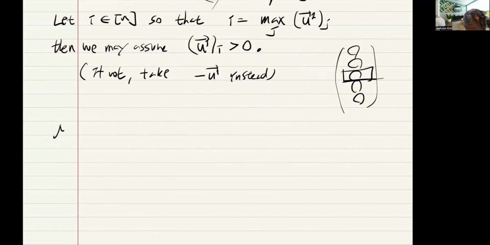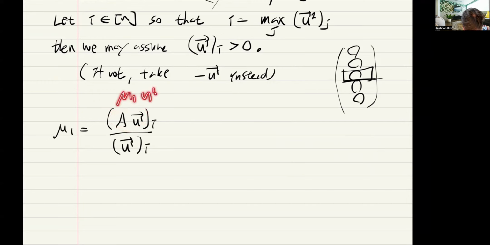And what do you get? This mu1 times the ith coordinate of u1 equals the ith coordinate of A u1, since A u1 is mu1 times u1, so the ith coordinates differ by a multiplication by mu1. So you have this equality.